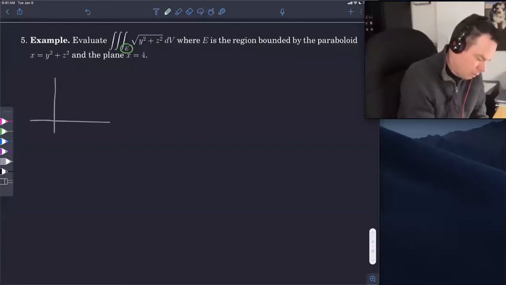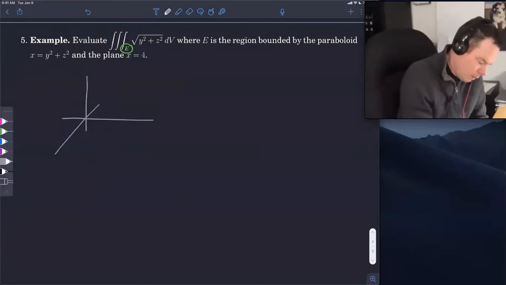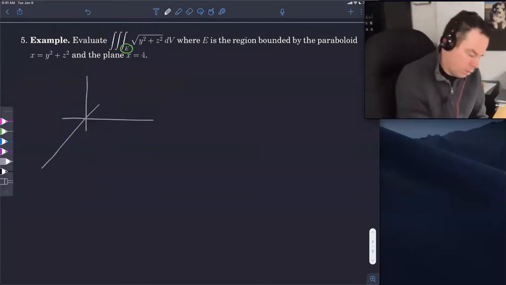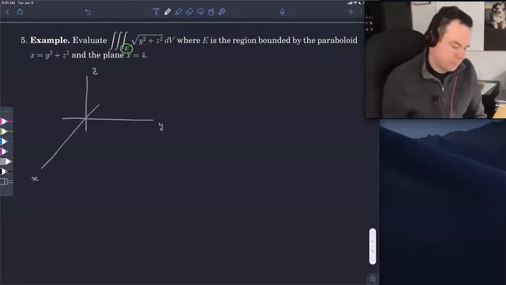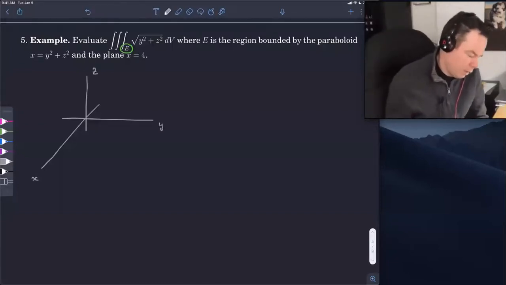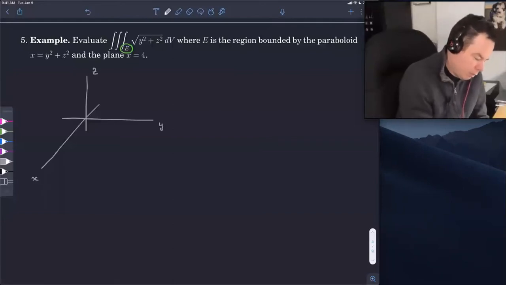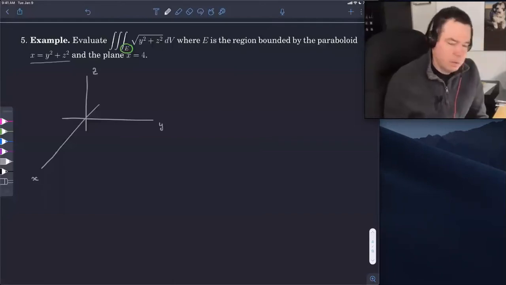So let's get a feel for what this region E looks like. We'll give a bit of a sketch here. I might need to move this over because I'm going to run out of room along the x-axis. So what does our region look like? There's x, y, and z. It's bounded by this paraboloid, x equals y squared plus z squared.